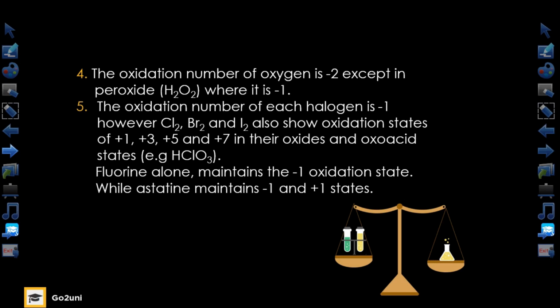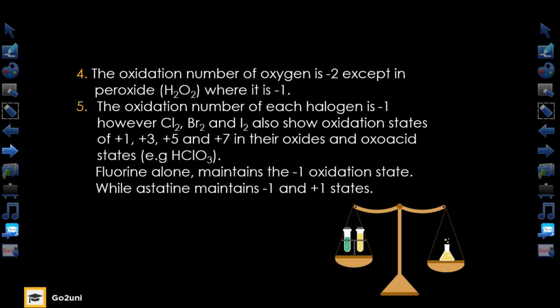But the other halogens, especially chlorine, bromine, and iodine, also show oxidation states of +1, +3, +5, and +7, excluding the normal -1 that the halogens are known for. So these other halogens show +1, +3, +5, and +7 oxidation states.